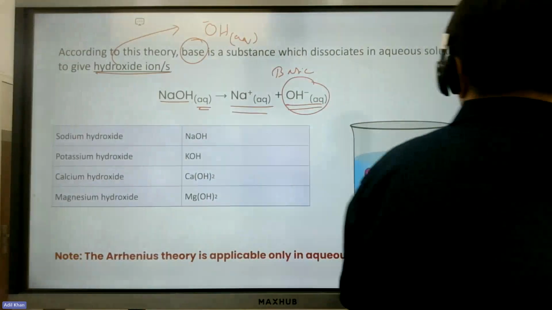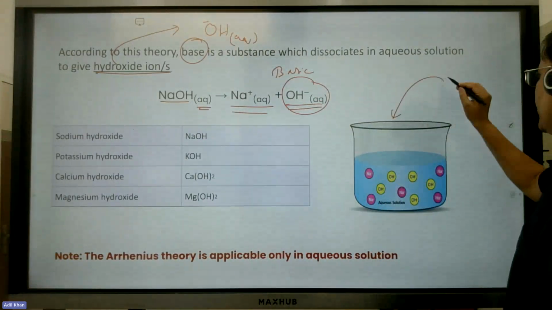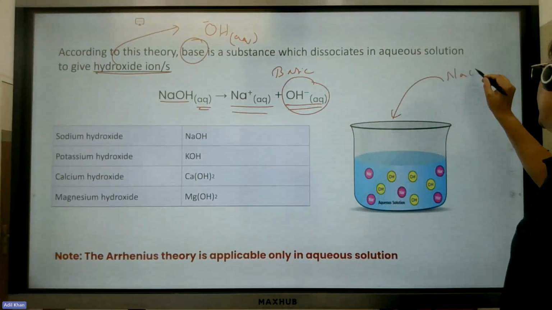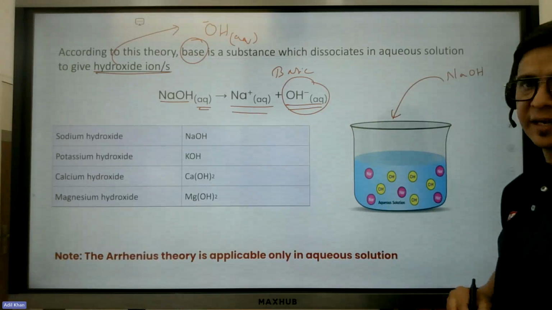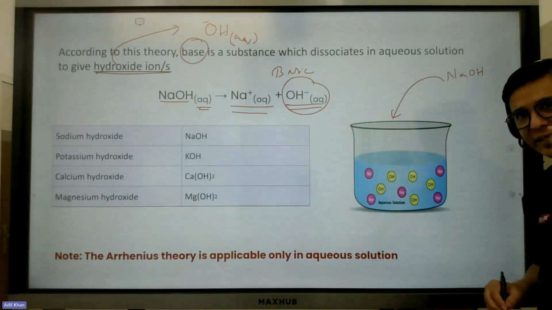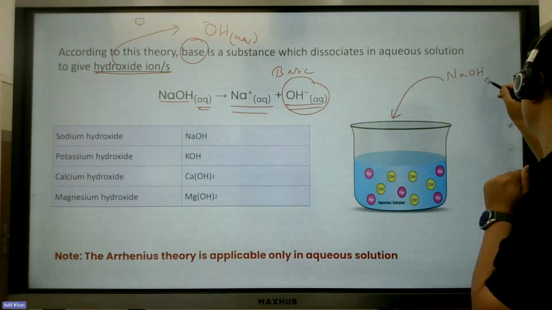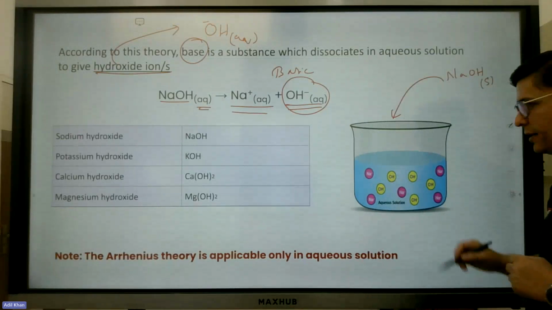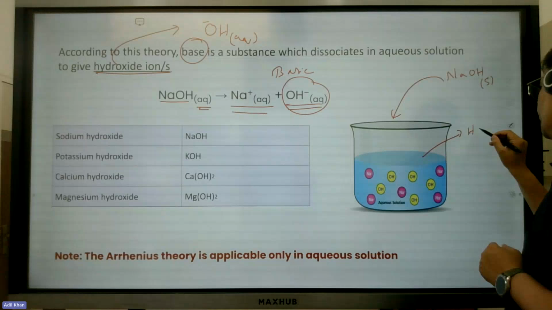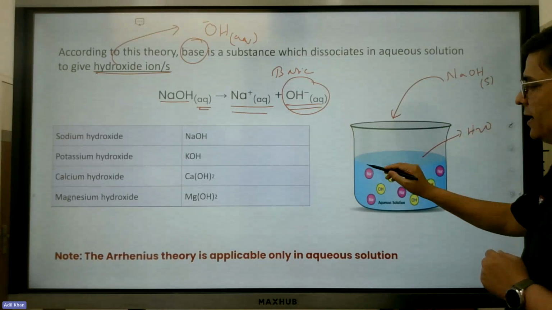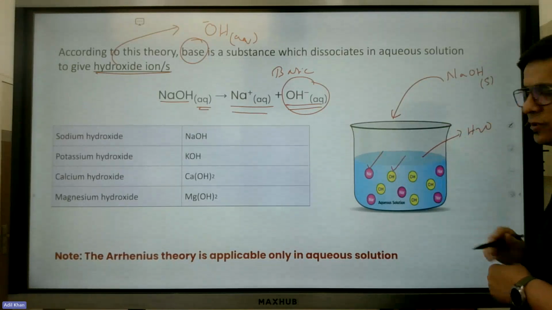Now let's take this example. For example, I add a sodium hydroxide pellet inside it. It looks like a Dolo tablet. Dolo, you know, white color, small, round tablet like that. So when I add a sodium hydroxide pellet inside water, my sodium breaks as Na plus and OH breaks as OH minus.